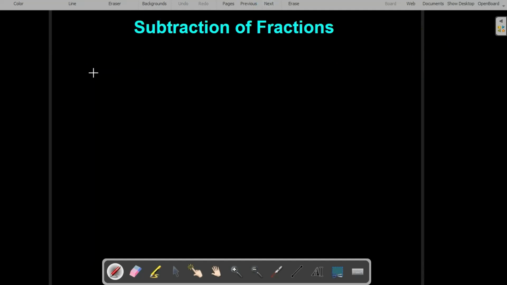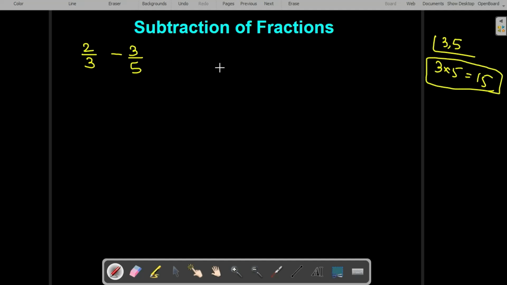Now subtraction. Okay, so let's take one example: 2 upon 3 minus 3 upon 5. Same logic we have to use here. 3 and 5, they don't have a common factor. We have to go for multiplication of these two in order to get the LCM. 3 into 5 is 15. That means our denominator should be 15.